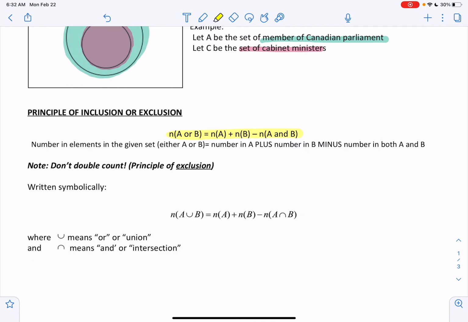Just the people who are either just in A or just in B is equal to all of the people in A plus all of the people in B. And then we need to subtract the ones that are shared between them because we don't want to double count those.